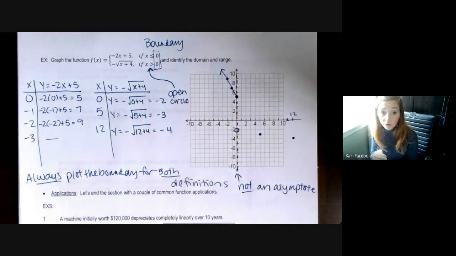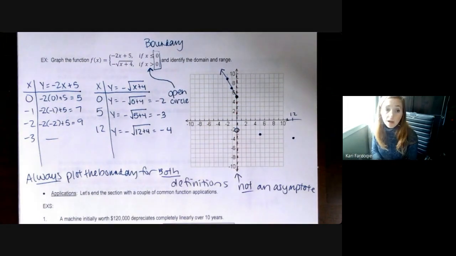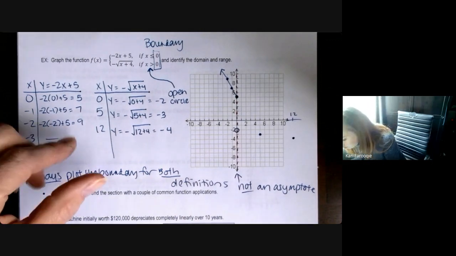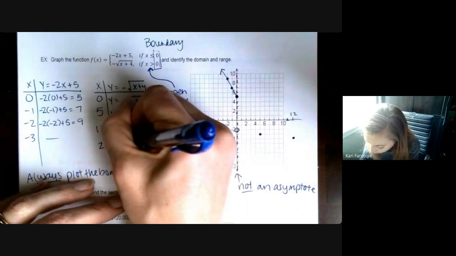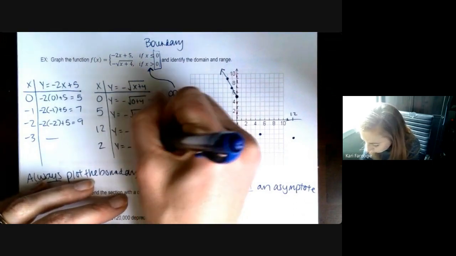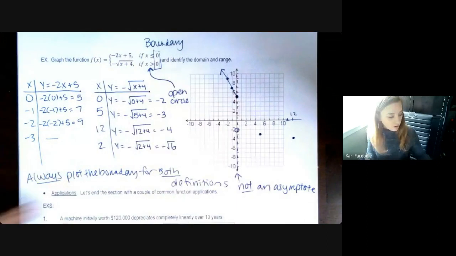Now, this is fine with me because you don't actually need to come up with a lot of points in between. If you would like to, you absolutely can, but you're just going to be graphing decimal values. Let's say, for instance, instead of 5, we wanted to put a point here at 2. We can do that. You would just say y equals negative square root of 2 plus 4, and then you'd have negative square root of 6.